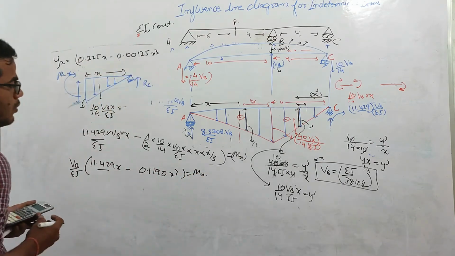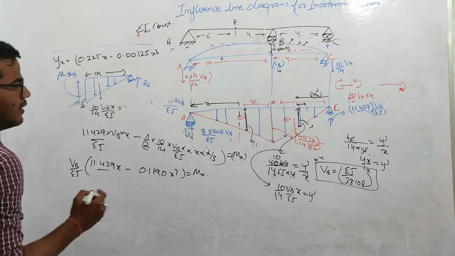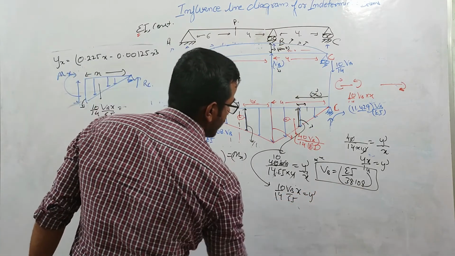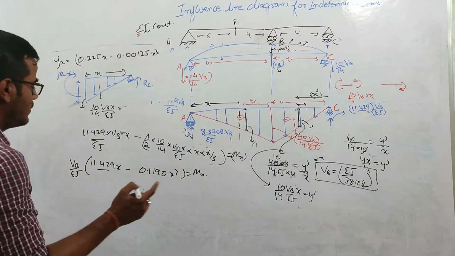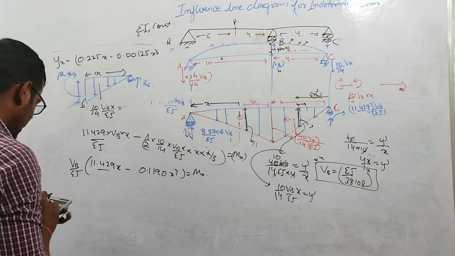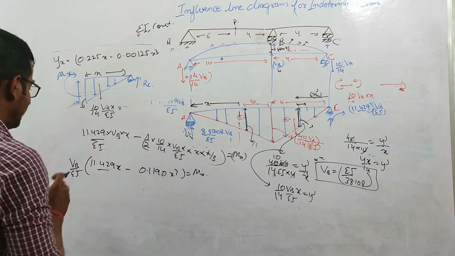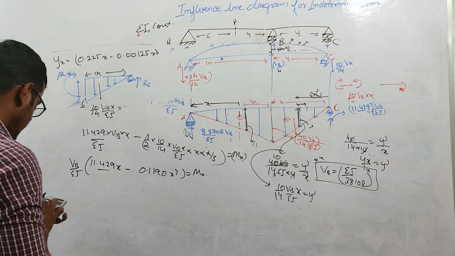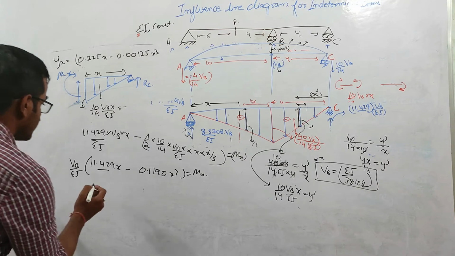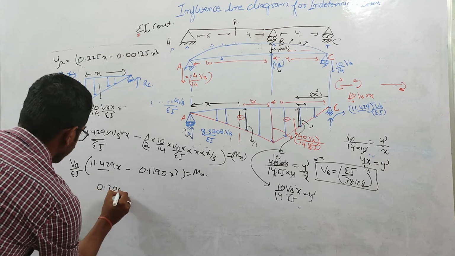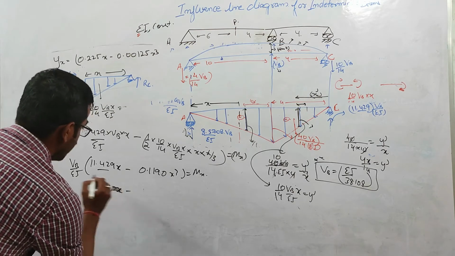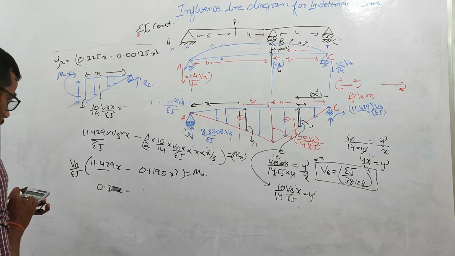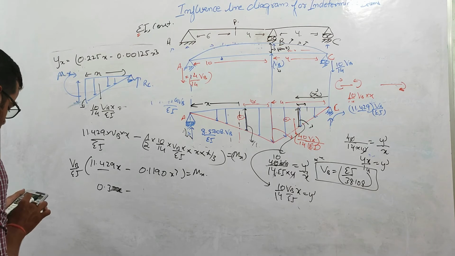We already know that the value of VB is EI over 38.108, and we'll use this value over here because both the values will be same. 11.429 divided by 38.108 is 0.3 x minus of 0.1190 divided by 38.108.